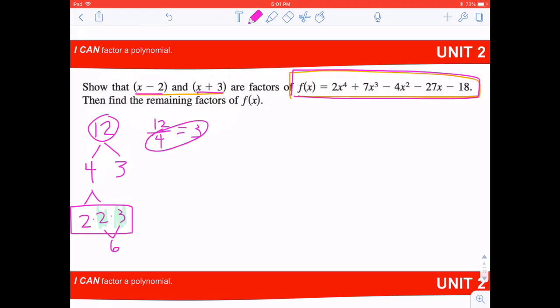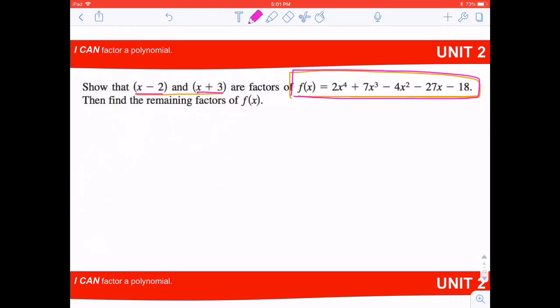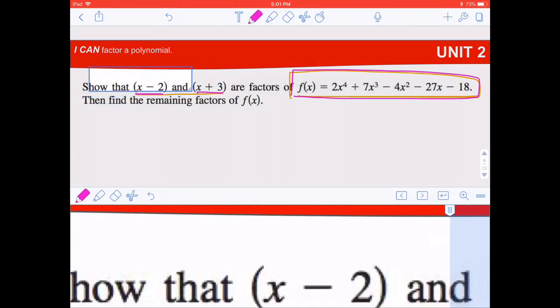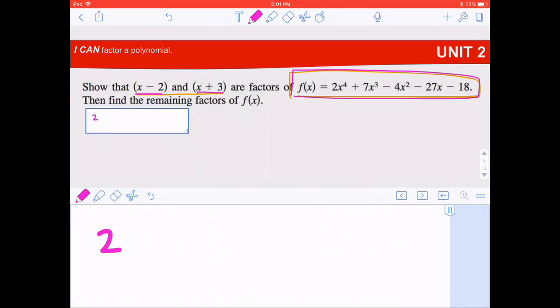So we're kind of taking that same concept. But an idea here that we're going to use is that when we take the synthetic division, so let's go ahead and take this polynomial and do synthetic division with this first factor here, x minus 2. So that means we're going to have a 2 in the corner here.